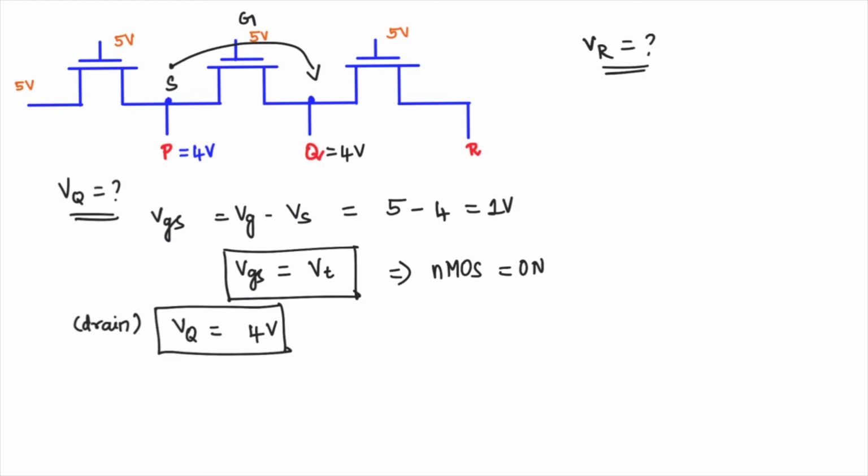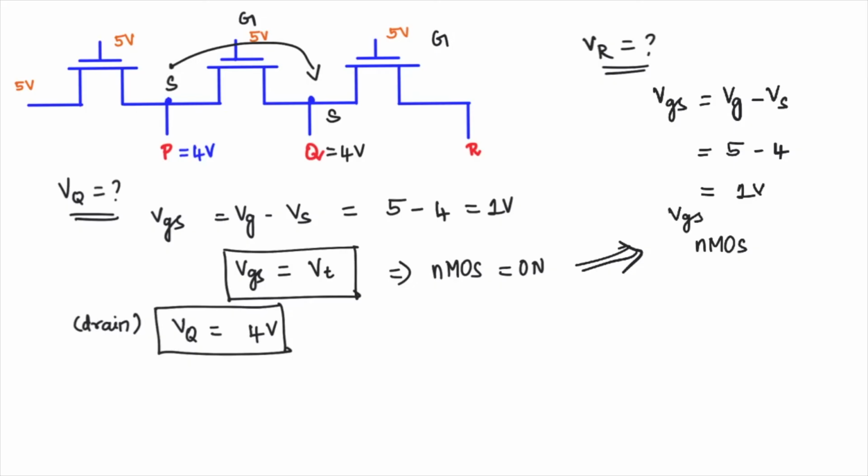Now the last thing remaining is our VR. Here also we'll find out VGS. It is VG minus VS, and VG is 5 volts because this is the gate and this is the source. The source is again 4 volts, so this is going to be 1 volt, similar to before. Therefore the NMOS will be on because VGS is equal to VT, and therefore VR is the drain output which will receive the source input here.